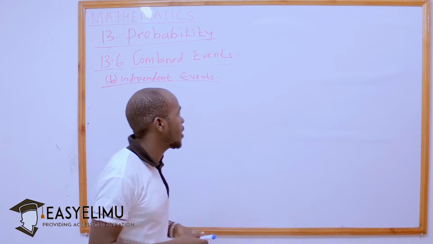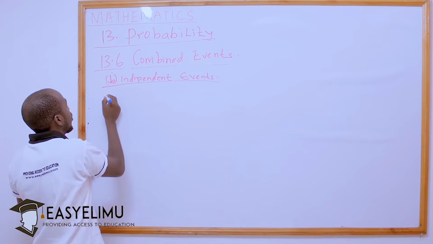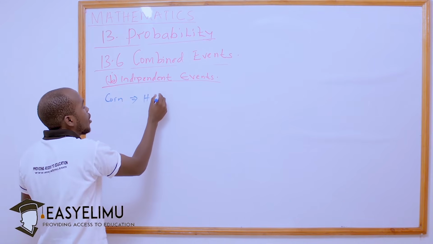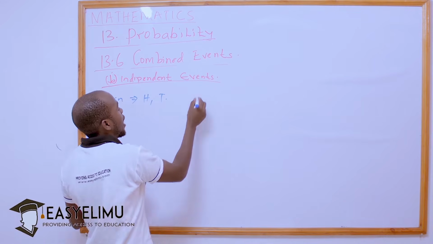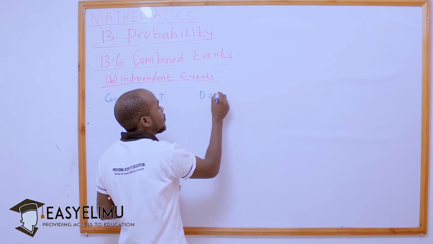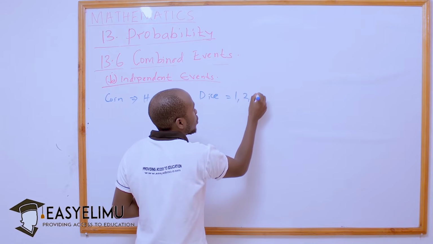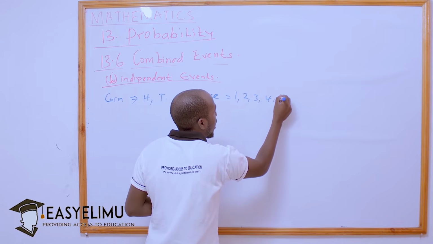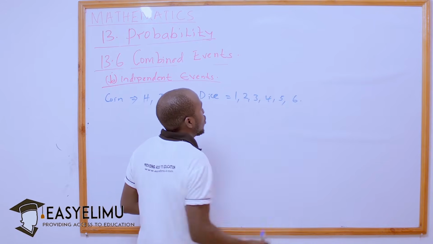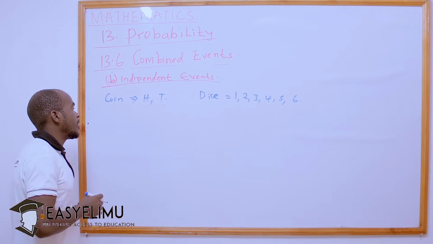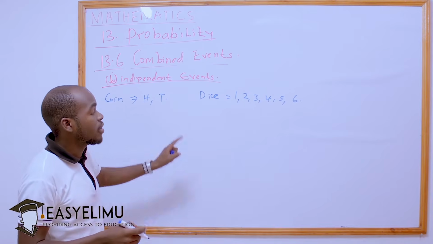So for a fair coin being tossed, you will have either a head or a tail. And for a dice, you will have either face numbered 1, 2, 3, 4, 5, or 6. So those are the faces for the dice, and a coin will be a head or a tail.